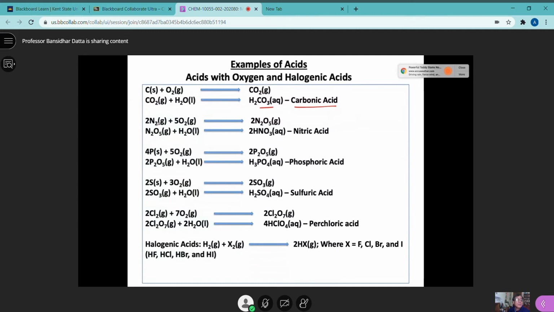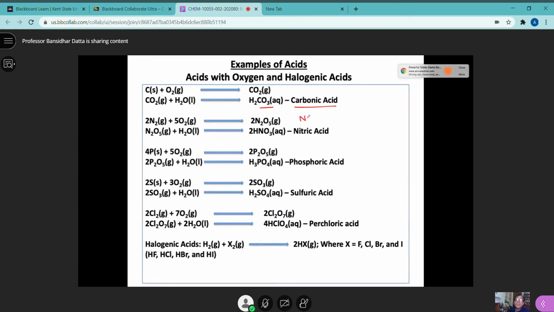Likewise, nitrogen. It is balanced anyway, I will balance it for you. So nitrogen gas plus oxygen make N2O5. This is called nitrogen pentoxide. Nitrogen makes another compound too.